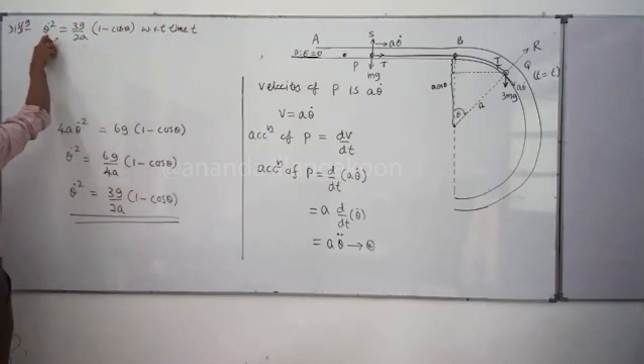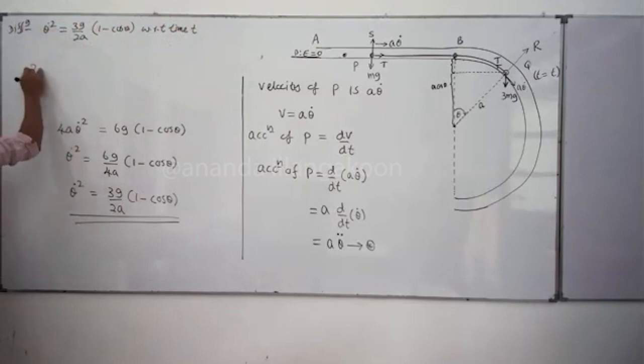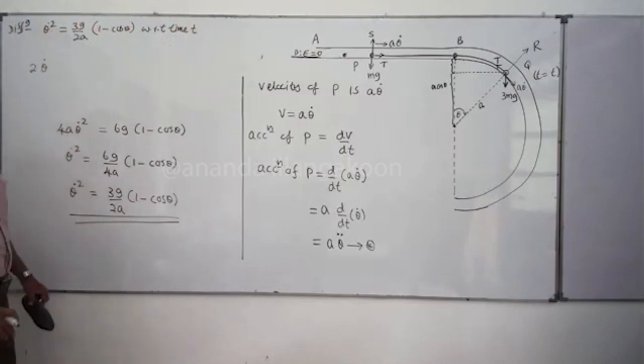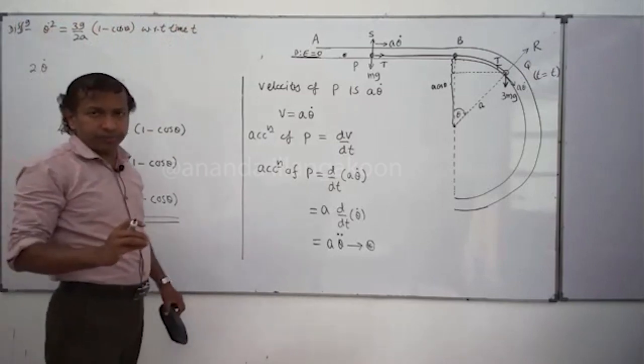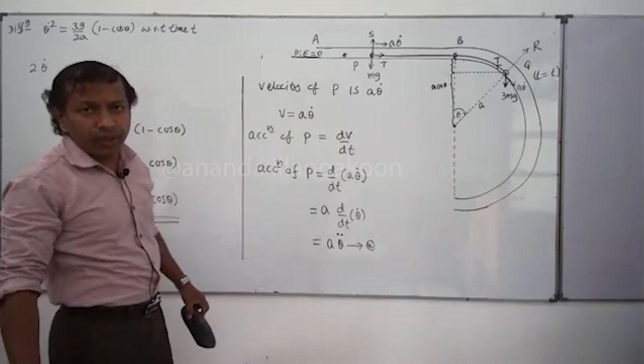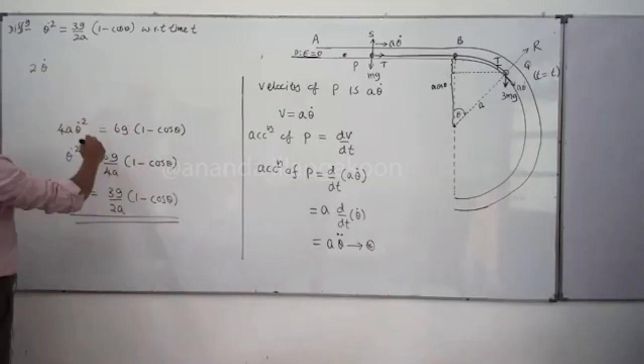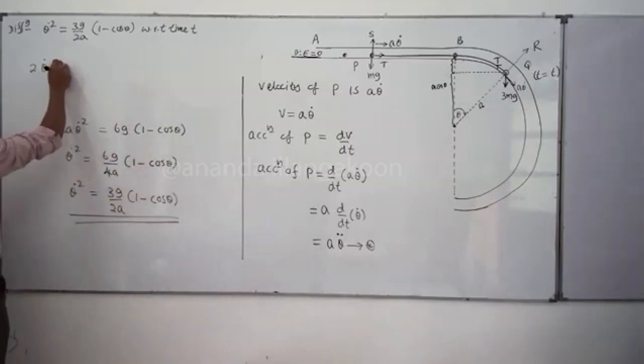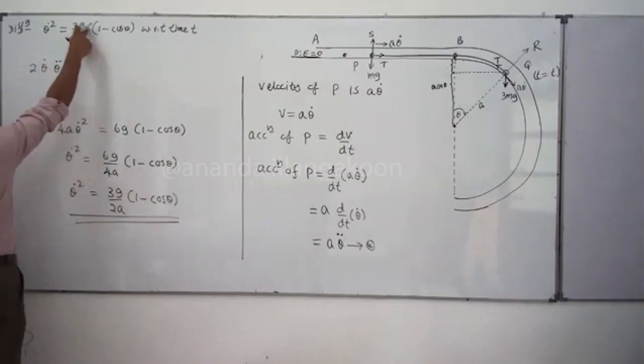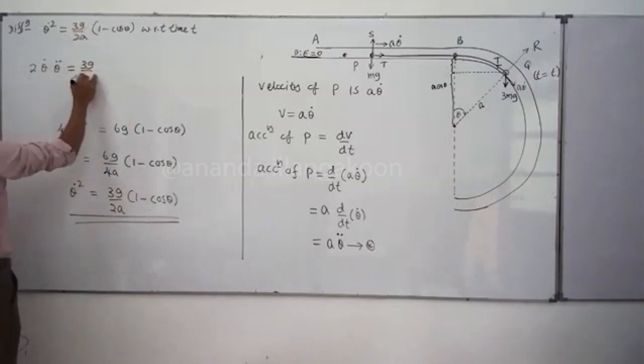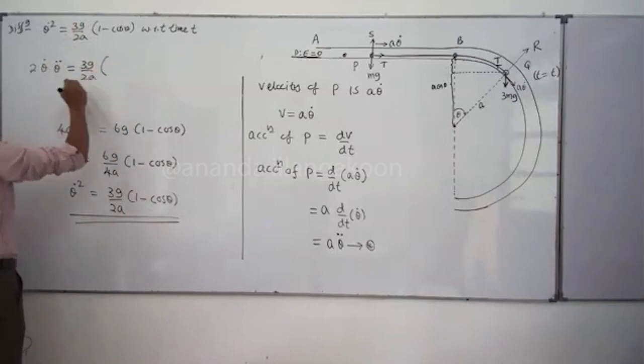First we differentiate the power 2, so 2 comes before 2 theta dot. When you differentiate theta dot with respect to t, we get theta double dot, the angular acceleration, equal to 3g divided by 2a, where 2a is a constant. We keep that the same.